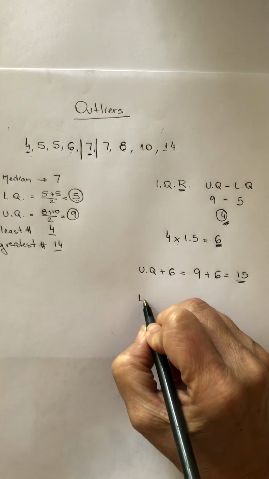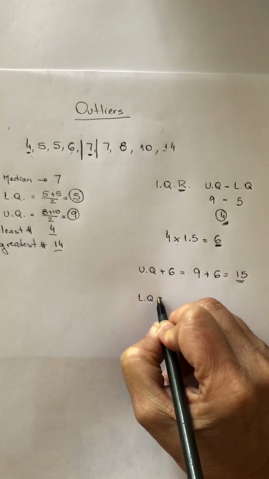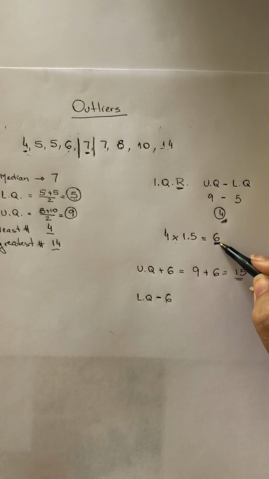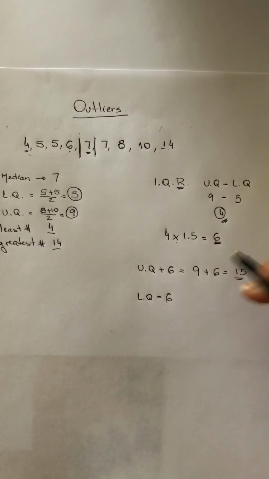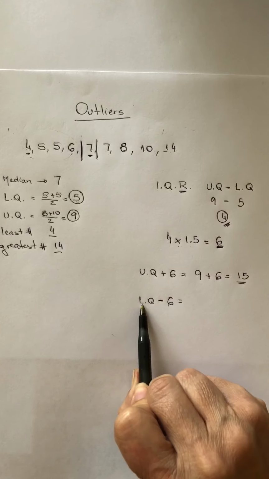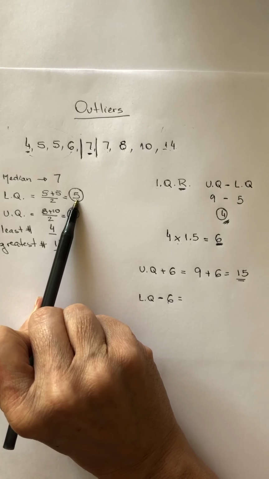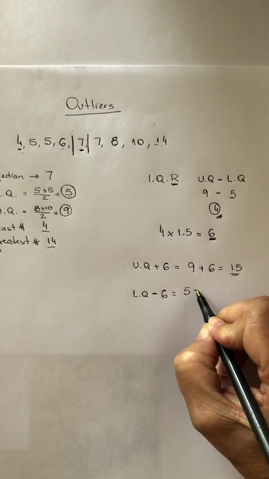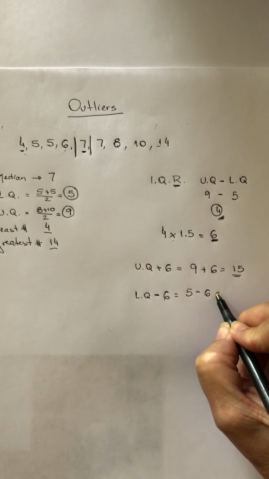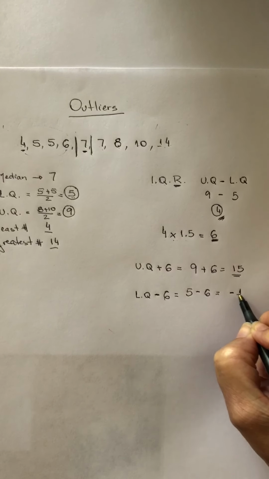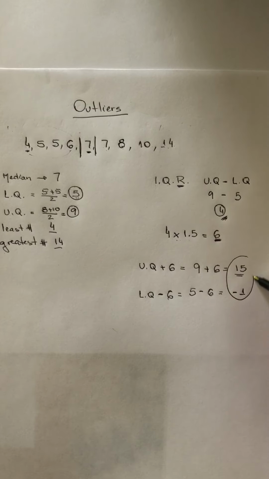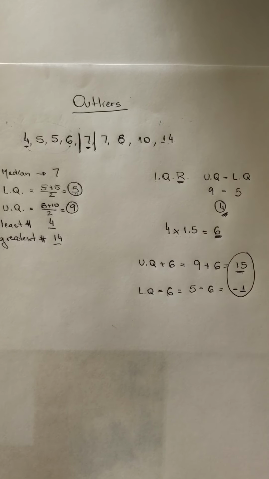And then I come to the lower quartile and I take away the same number that now tells me where my boundary is going to be. My lower quartile, as you can see, is 5. So 5 minus 6 is -1.